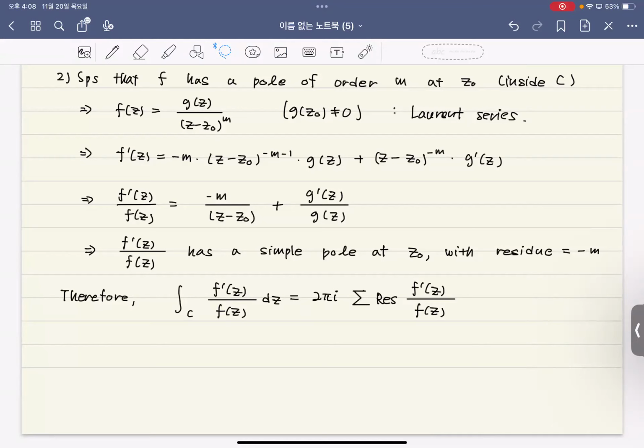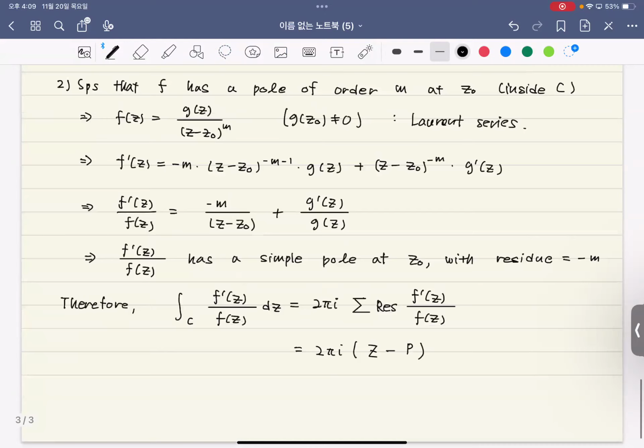This integral is affected by the residues at each of these points, right? The zero of order m has a positive contribution by its order, and the pole of order m has a negative contribution by the order of this pole, right? So therefore, this entire thing is 2 pi i times the number of zeros counting multiplicities minus the number of poles counting multiplicities.